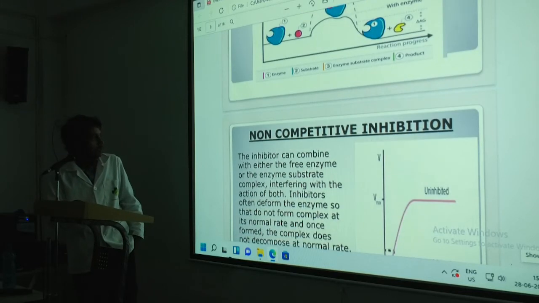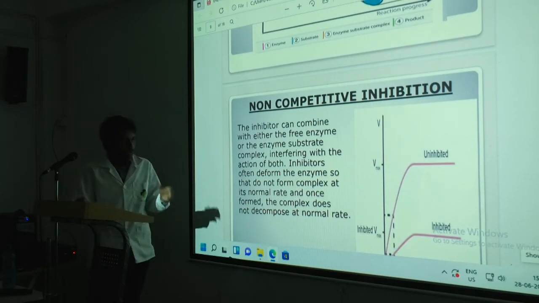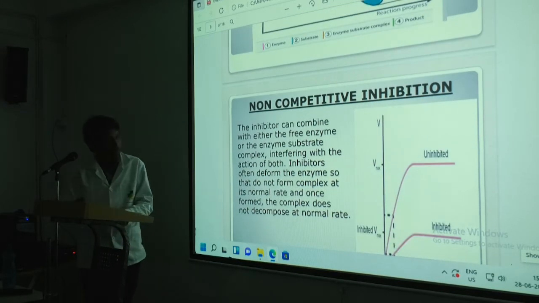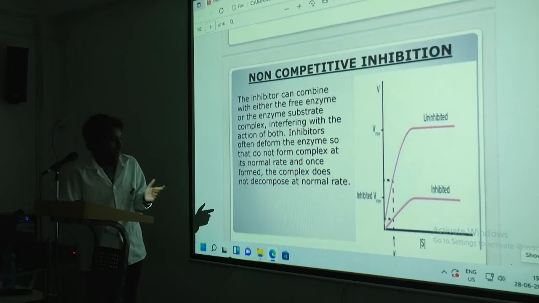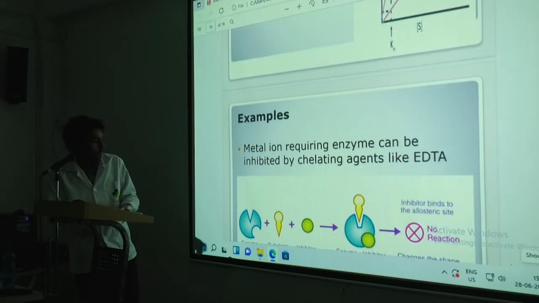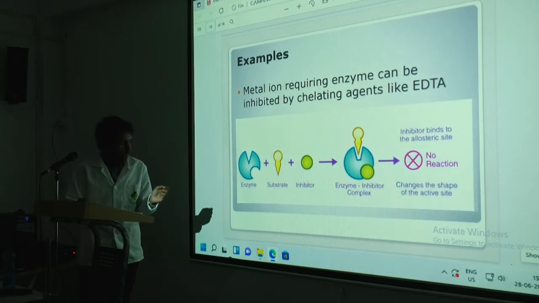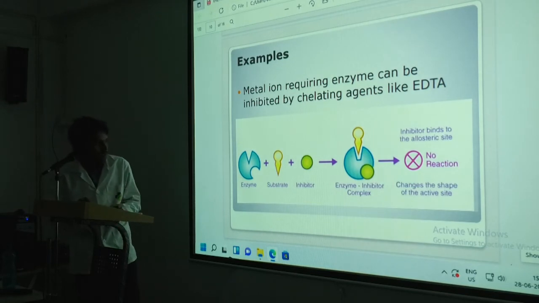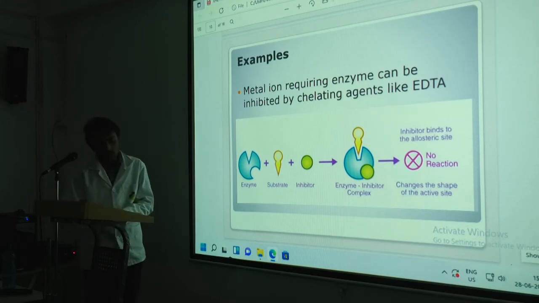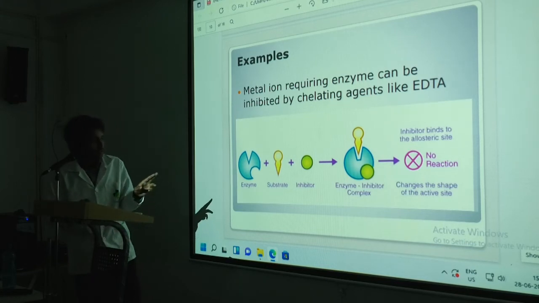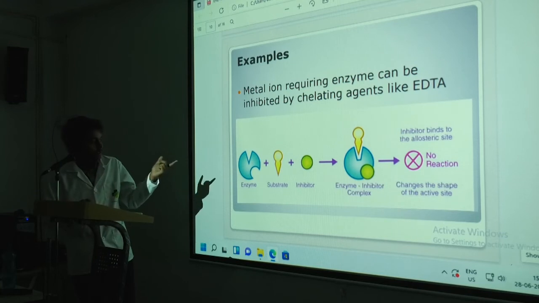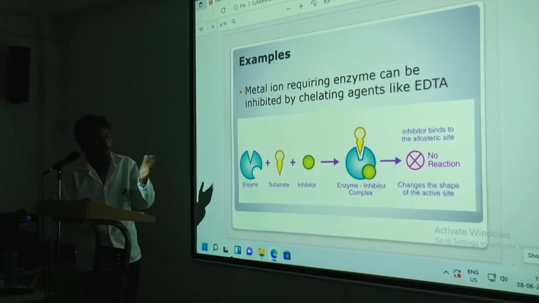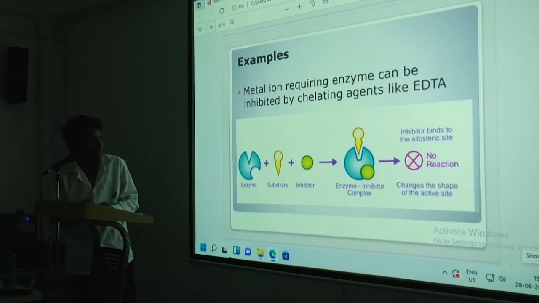Now non-competitive inhibition. Unlike competitive inhibition, here the enzyme has two sites: one is the allosteric site and one is the active site. Now there is no competition, because the substrate attaches to the active site of the enzyme and the inhibitor attaches to the allosteric site of the enzyme.